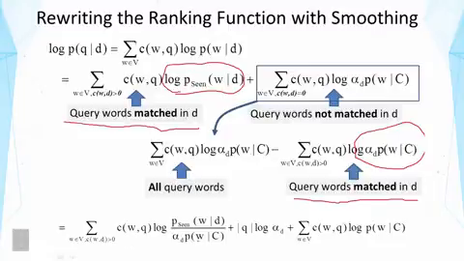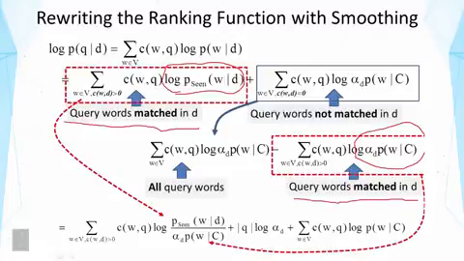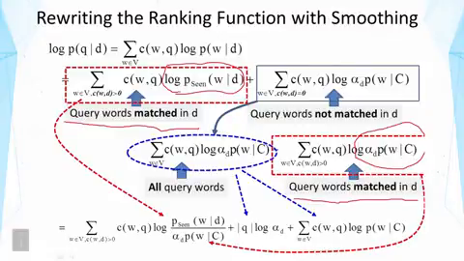And note that this is a very interesting formula because here we combined these two sums over the query words matched in the document into one sum here. And the other sum now is decomposed into two parts. And these two parts look much simpler just because these are the probabilities of unseen words.